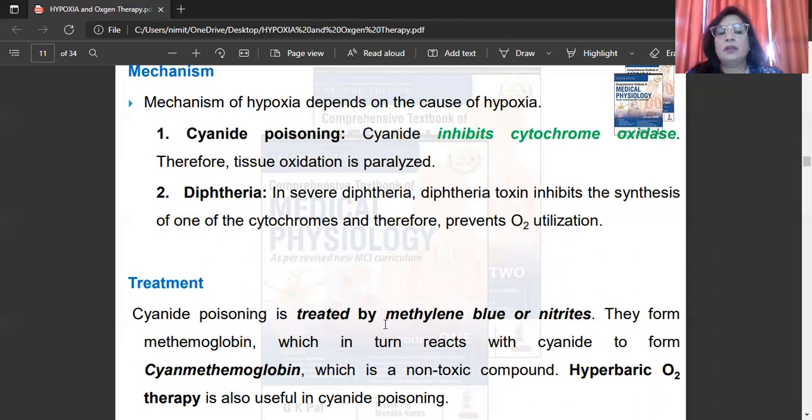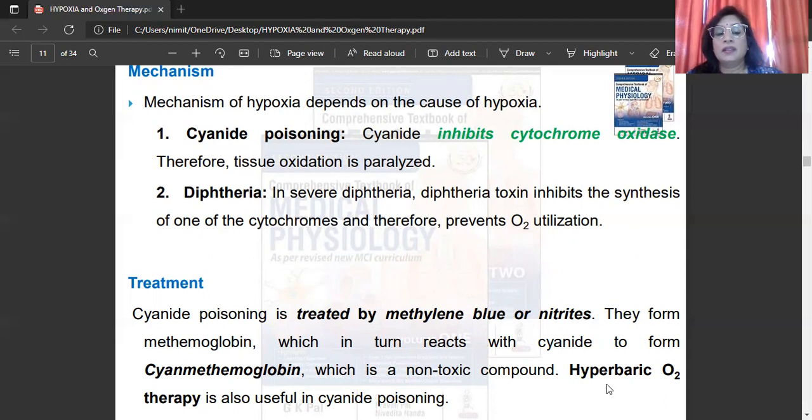So, what we will do in favor of the patient in cases of cyanide poisoning is treat with methylene blue or nitrites. This in turn will react with the cyanide to form cyanmethemoglobin, which is a non-toxic compound.